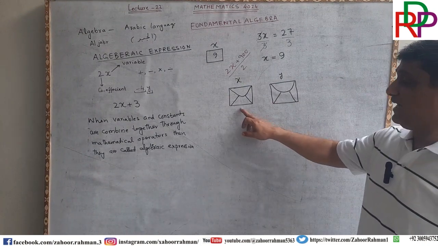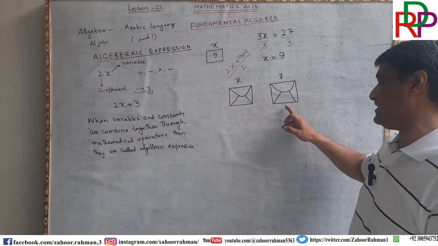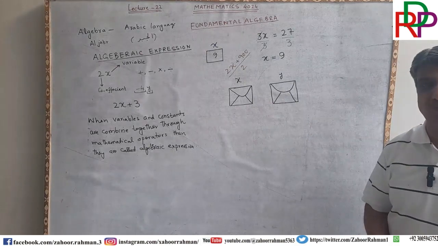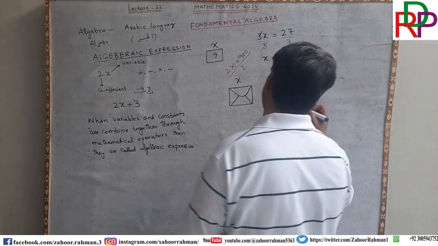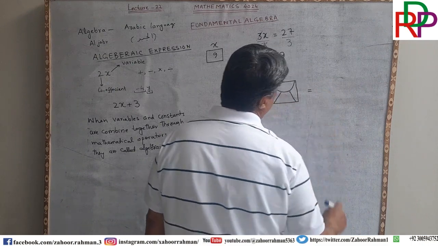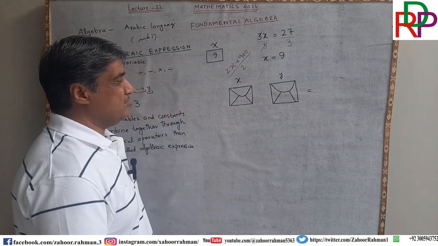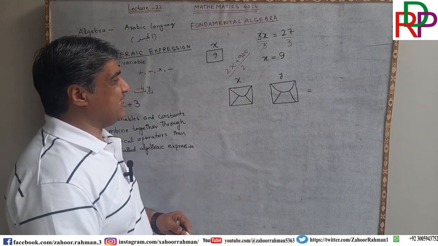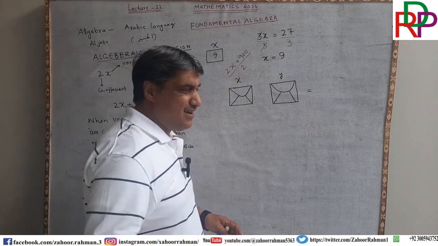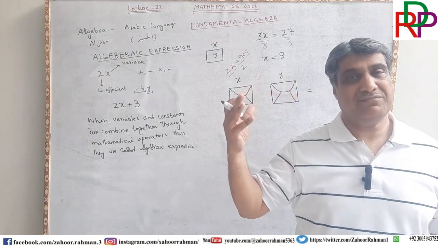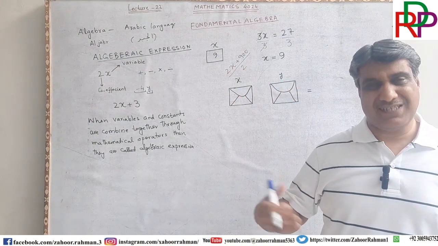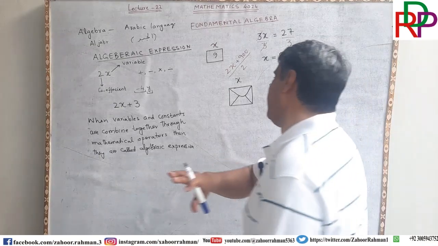So we have to find what is the value of X and what is the value of Y. They will have to give us a total of the value and they will give us the condition as well. This is not magic that you will find through magic. But after giving certain conditions, you have to evaluate.